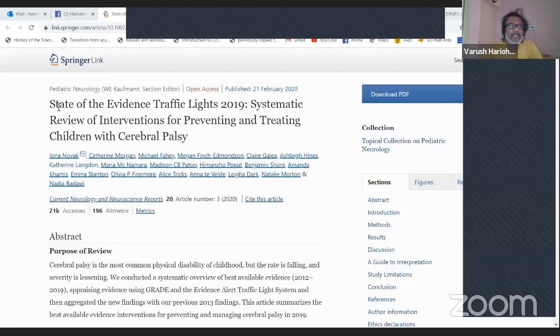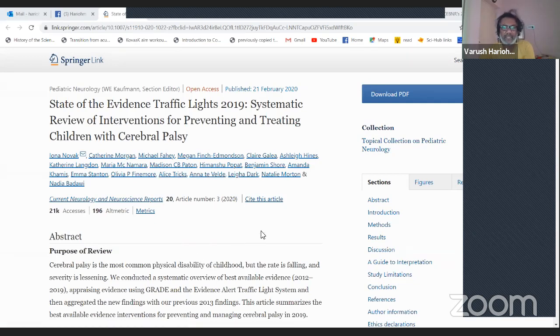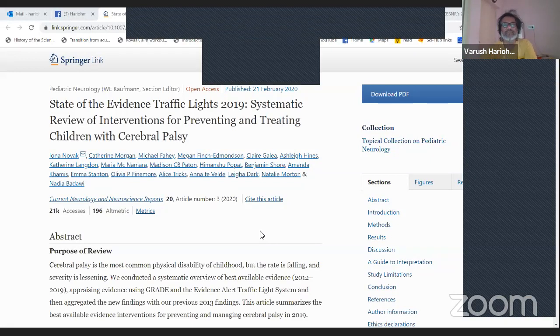So this is the article which we are going to talk more about, right? It's called a state of evidence. The traffic light basically means that there are three colors they have used: red, amber, and green. Green means that you can use it, because the evidence is okay or good on date.